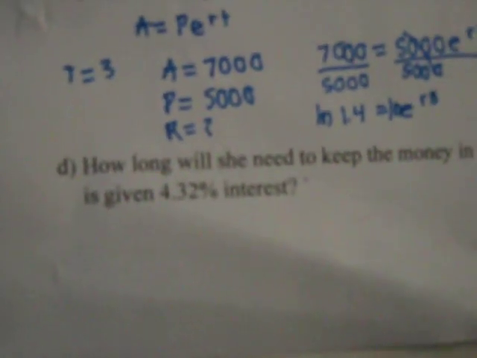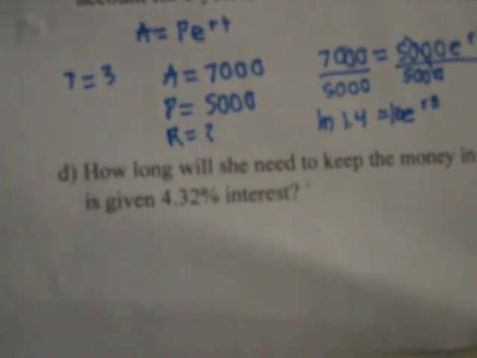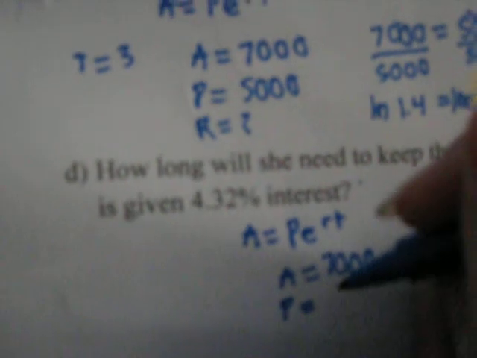So now finally for part D, how long will she need to keep the money in the account when she is given 4.32% interest? So again, we're going to use A equals Pe^(rt), but instead of looking for the rate, we're going to look for the time, which is not given. From previously, we know that A is 7,000 because that's how much money she wants for the trip, and we know that our principal is 5,000.